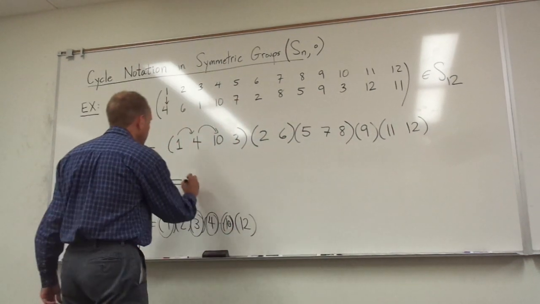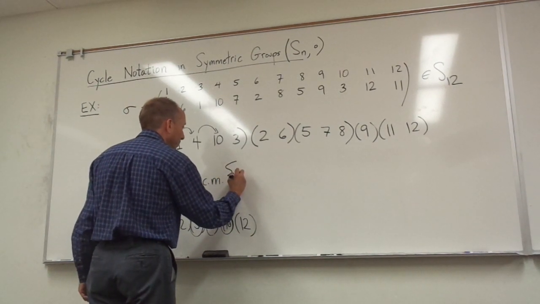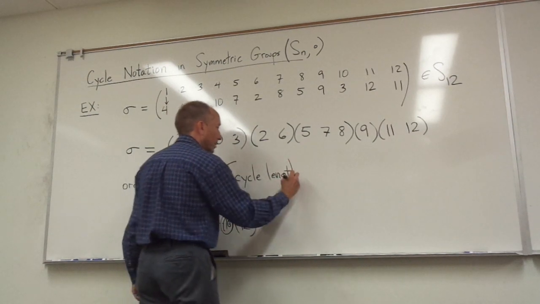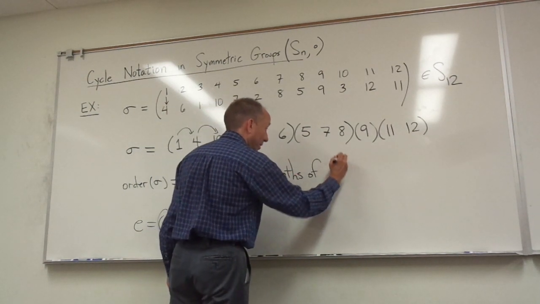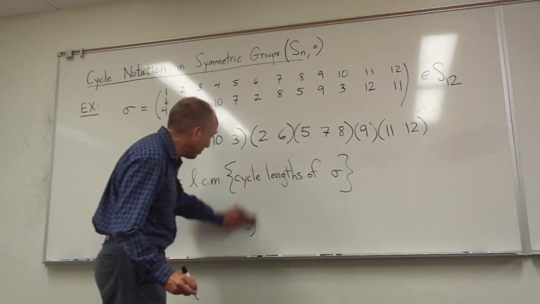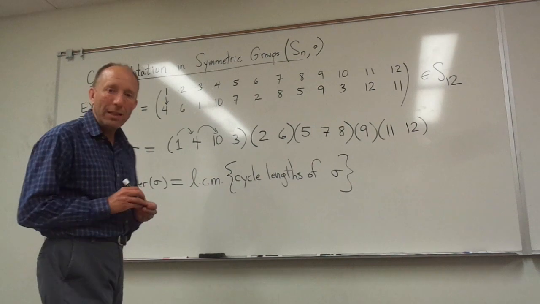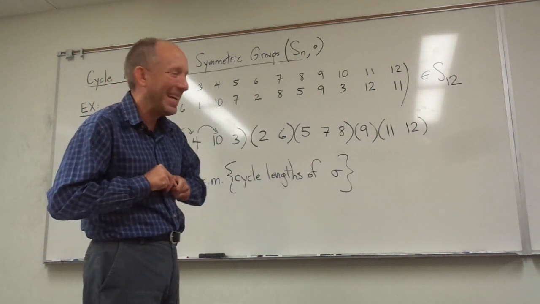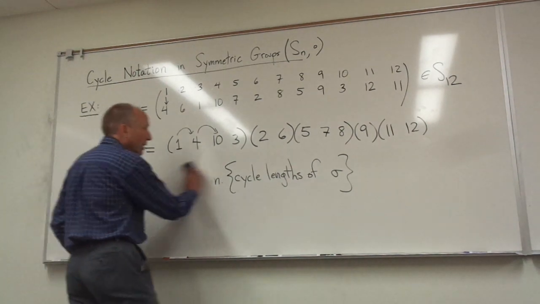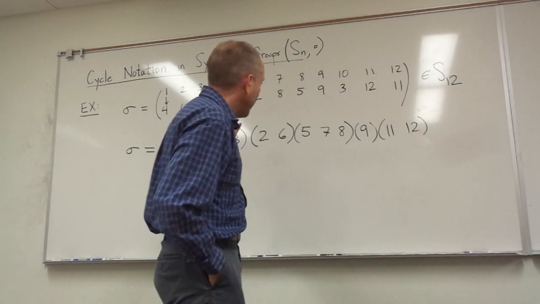Turns out the answer is you take the least common multiple of the cycle lengths of sigma. Okay, so here's a nice little fact. The order of sigma is the LCM of the cycle lengths of sigma. Okay. All right. Now, so that's one very nice thing to be able to do with the cycle notation.